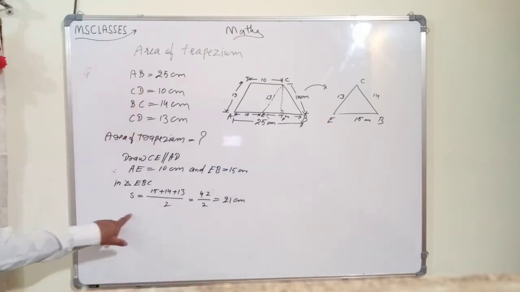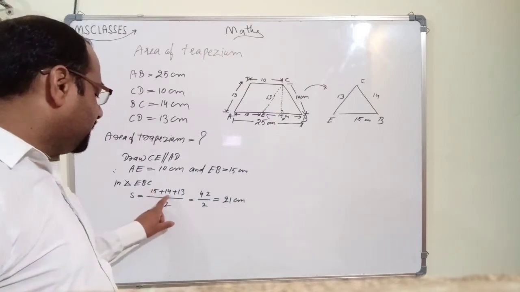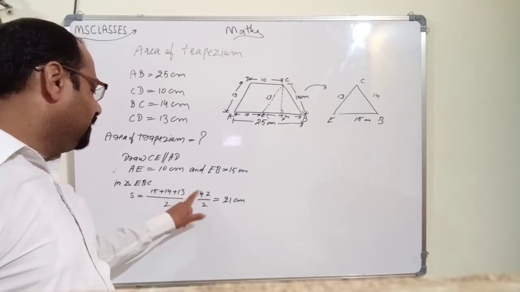So S is equal to 21 centimeter, because 15 plus 14 is equal to 29, 29 plus 13 is equal to 42.